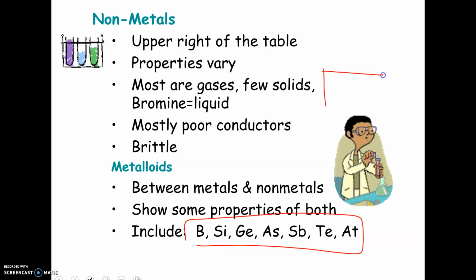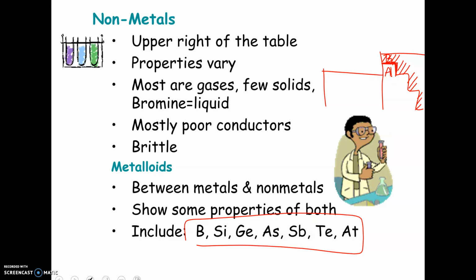But if you look at the table, and this is your P block here, you can actually start your stair step right here. Boron is up here. And if you start the stair step and do this, it's pretty much everything to the right of that stair step. This is aluminum. That is not a metalloid. That's actually a metal.